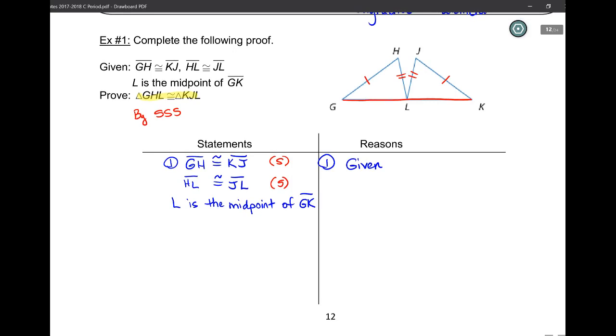So here's GK. If L is the midpoint, what does that tell us about the 2 segments that make up GK? That tells us that they have to also be congruent. So I know GL is going to be congruent to LK. So I'm going to write that down as my next statement.